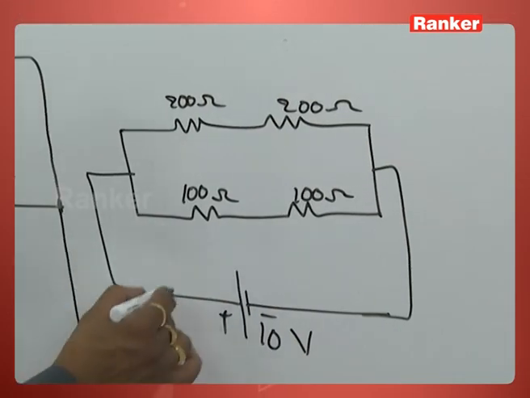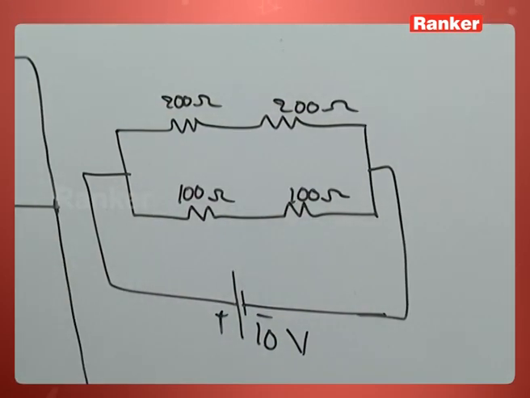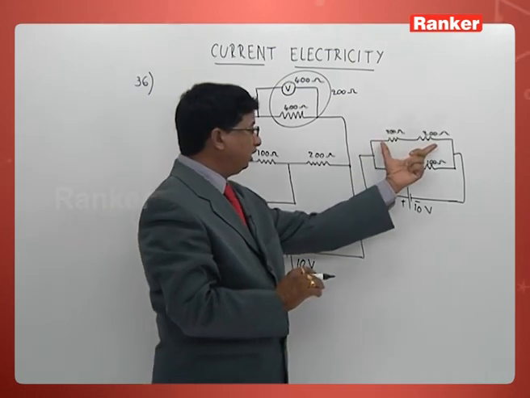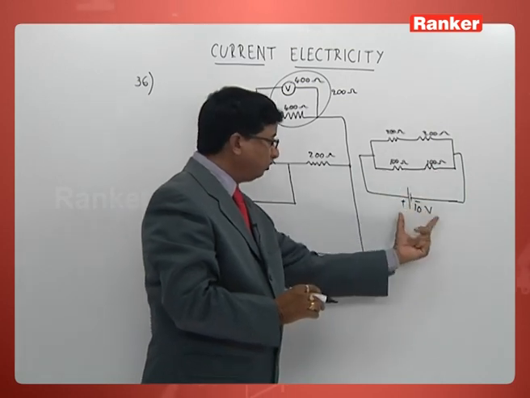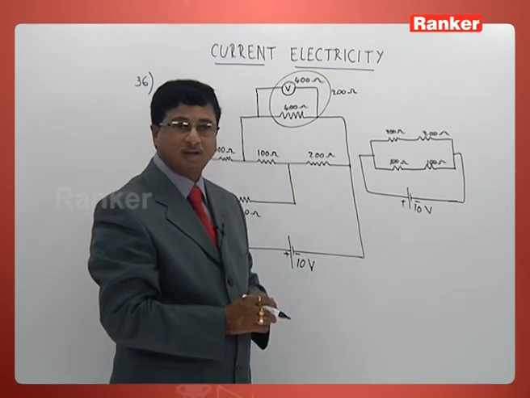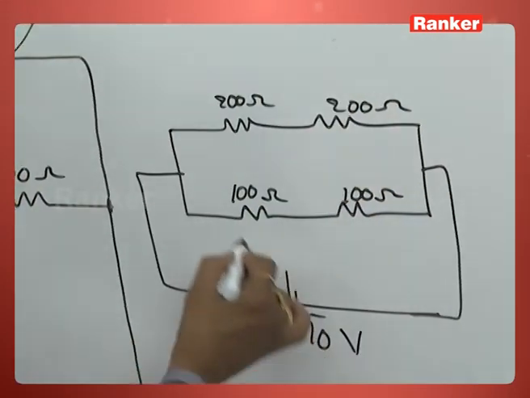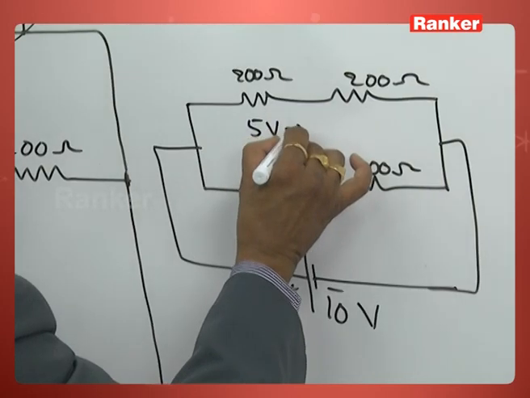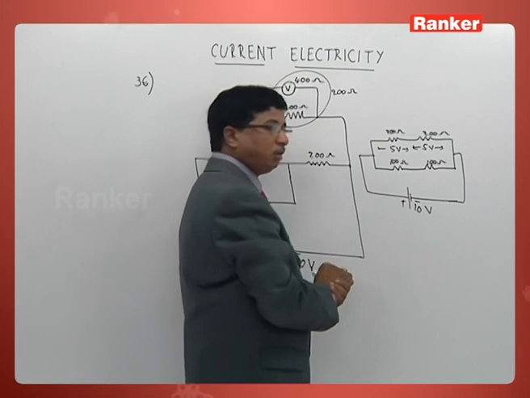You can now understand that this total value is 400 and this total value is 200. The total potential difference across this one will be 10, and across this one also it will be 10, because they both are connected in parallel. When they are in parallel, the potential difference across this system is 10, across this branch also 10. Then how much will be the potential difference across this part? It will be 5 volt. This also will be 5 volt.